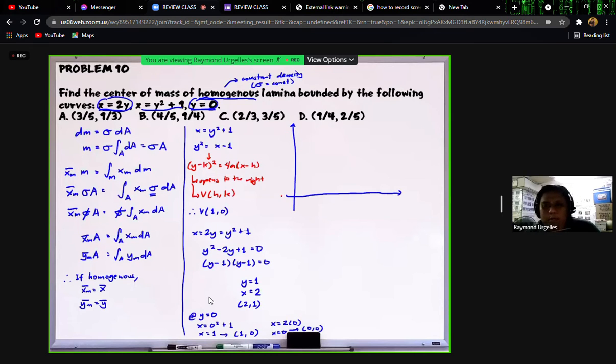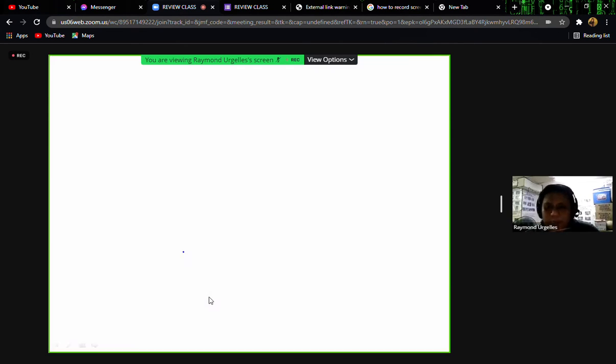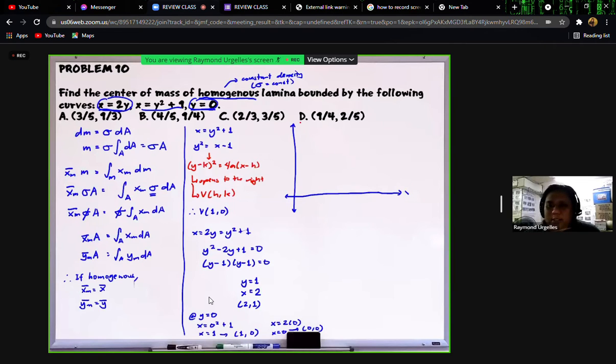So again, to graph our figure properly, for the parabola, the important part is the vertex at 1, 0. So x-axis, y-axis, 0. Again, our points: we have 1, 0.